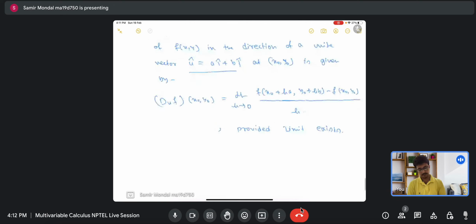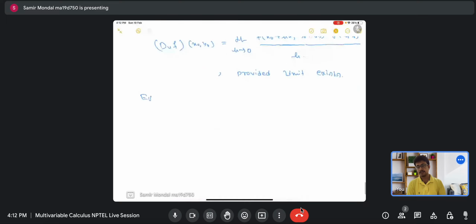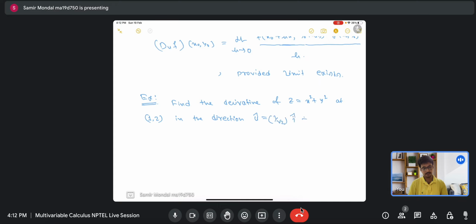So now I am giving one exercise. Try to find the derivative of z equal to x square plus y square at (1, 2) in the direction u cap equal to 1 by root 2 i plus 1 by root 2 j.